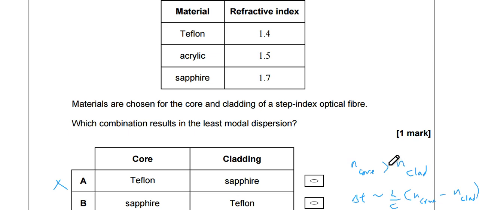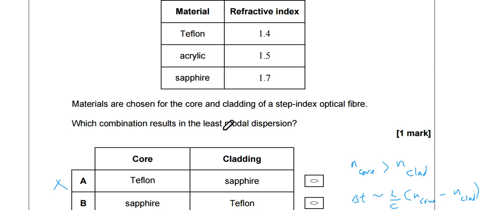And for having velocity in core less than that in clad, we can have I less than C for total internal reflection.